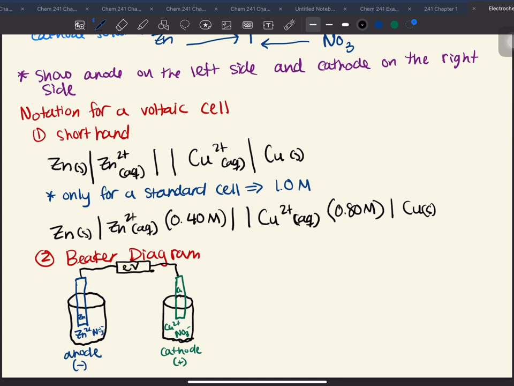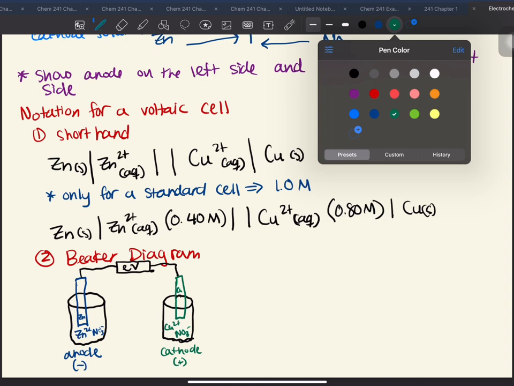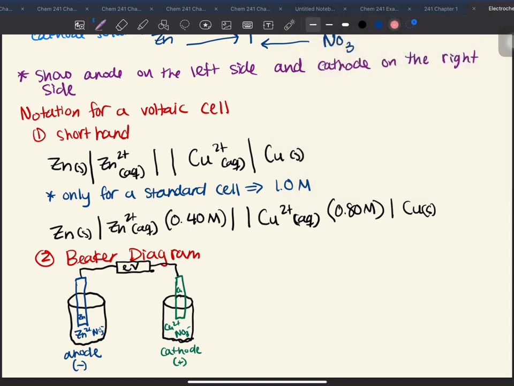And the flow of electrons is going to be moving from the anode to the cathode. So it's important to show that flow of electrons. Now, finally, to complete the circuit, we have our salt bridge right here, and we can choose potassium nitrate.